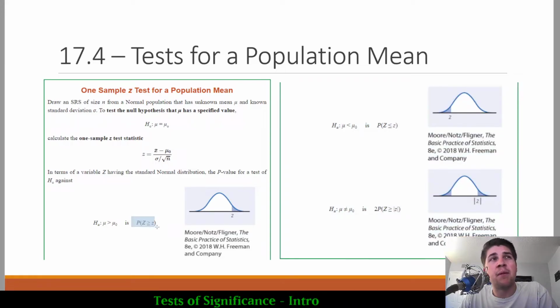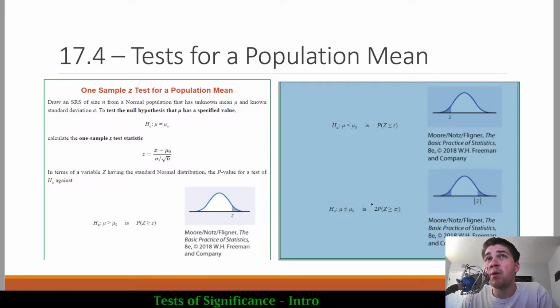If we wanted to find the probability that it is greater than the value, we need to subtract it from 1, because if we look it up in a z-table, we're going to get this area over here, so we subtract it from 1. And then in the case when it's two-tailed, meaning our alternative hypothesis is just that the average is different from the established mean, we need to double it instead.